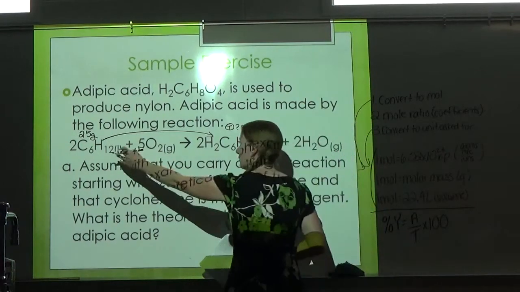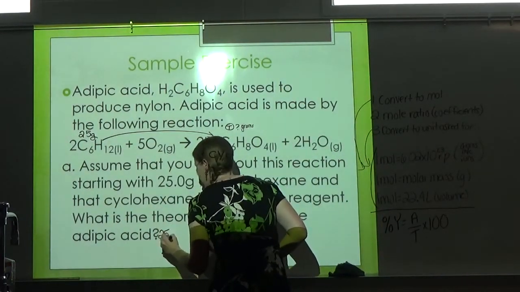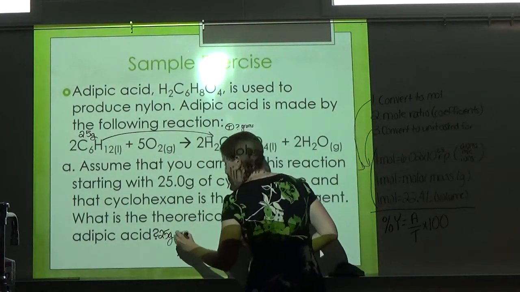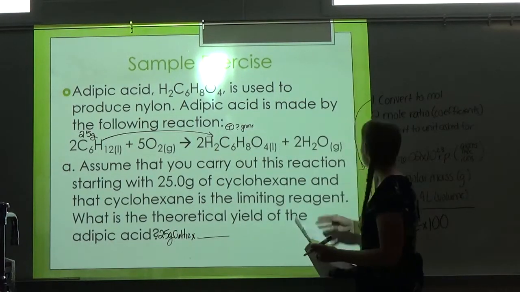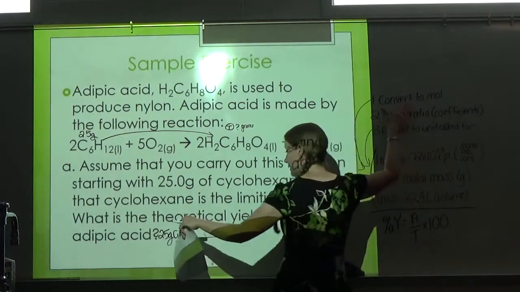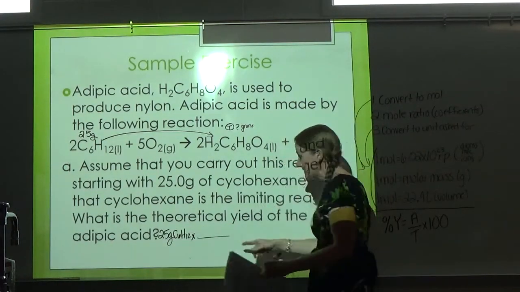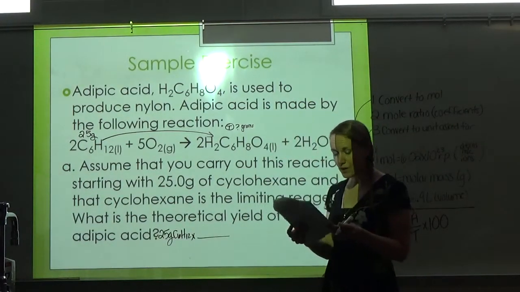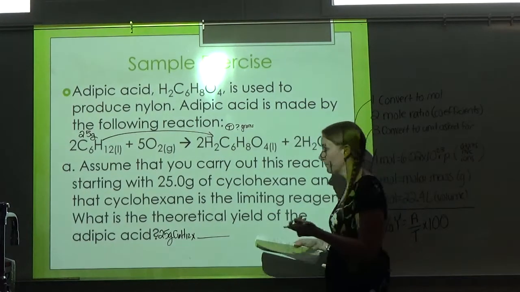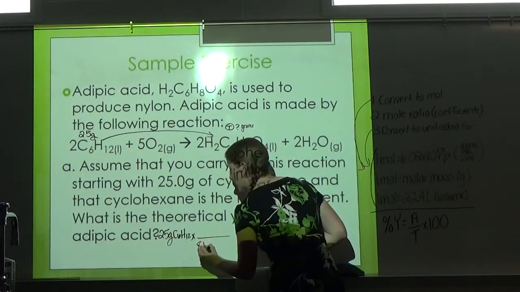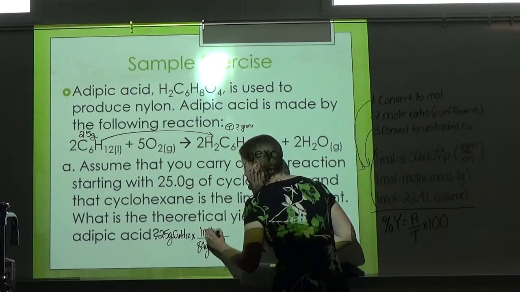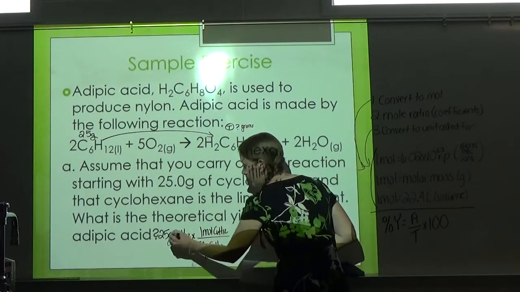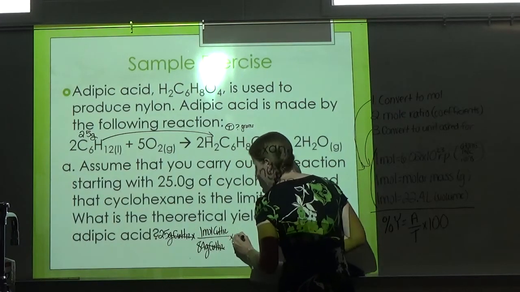Alright, so I start with my 25 grams of cyclohexane, which is C6H12. So of course step 1 is convert to moles. Since I have grams, I'm going to use molar mass. So when you add up C6H12, you should get about 84 grams per mole. So since grams is on top, I'm going to put my 84 grams on bottom and my 1 mole on top. So my grams cancel.